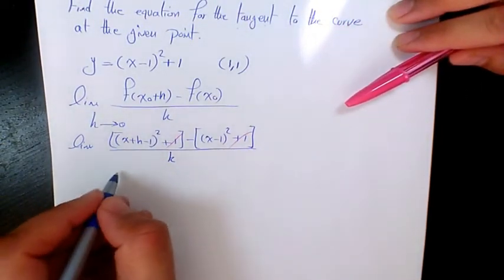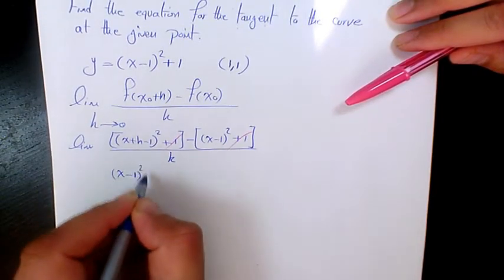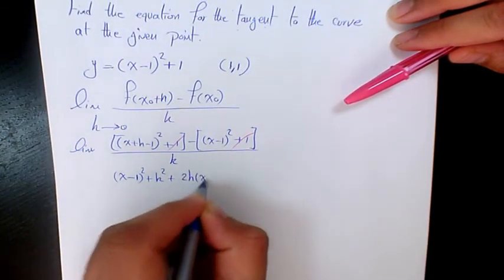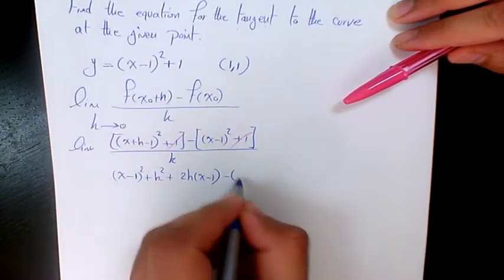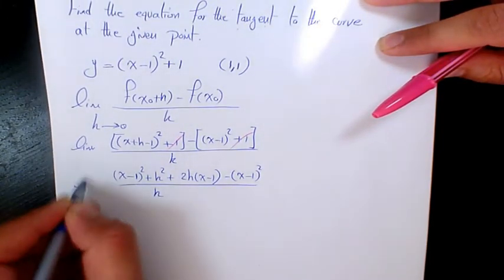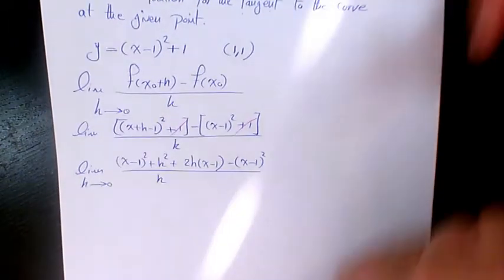Let's expand it in this way: (x minus 1) squared plus h squared plus 2 times h times (x minus 1) minus (x minus 1) squared, divided by h when h approaches 0.